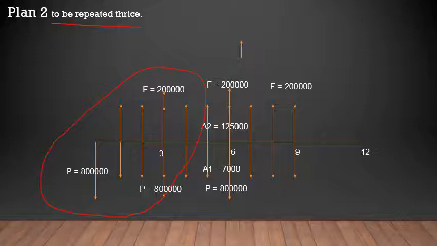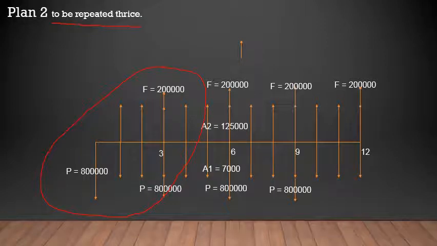The third machine stops at the end of year 9 and it is reinvested, and once it gets reinvested, its operating cost, everything starts coming, and it will have its salvage value at the end of year 12. So the first machine will have the salvage value at the end of year 3, the second cycle at the end of year 6, the third cycle at the end of year 9, and the fourth cycle at the end of year 12.